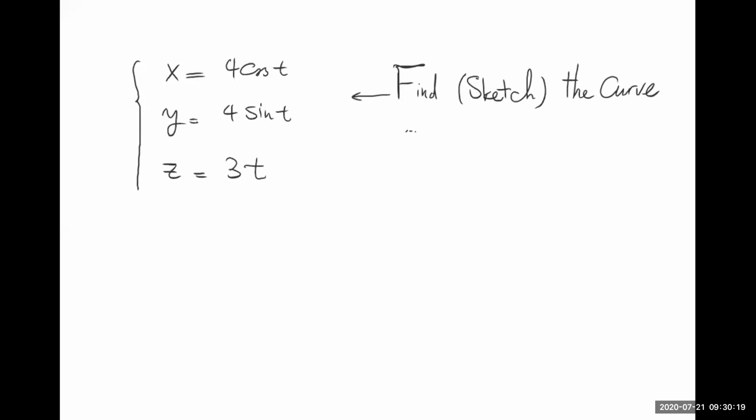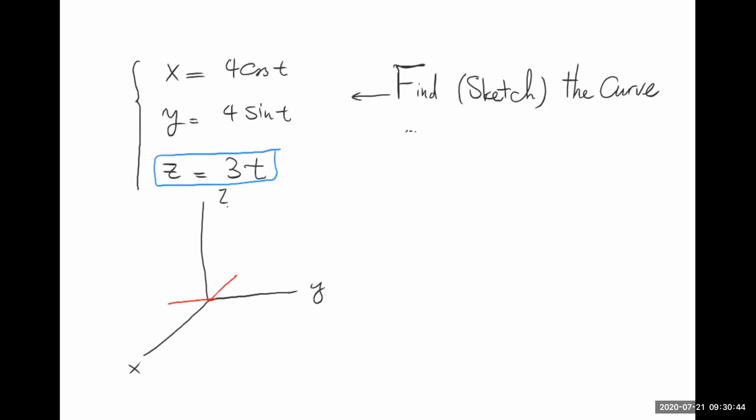Okay, how can I find it? The idea is that when we look at three-dimensional space, x, y, z, it's usually better to first ignore one of these variables. So I would first ignore this variable because x and y here look pretty related, right?